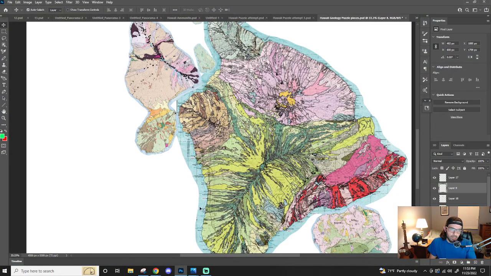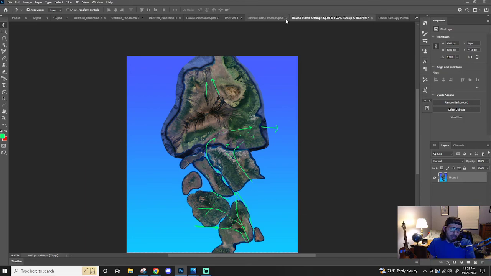First of all, in order for any of this to work, it has to actually be the case that Hawaii was a sphere. So there's that.